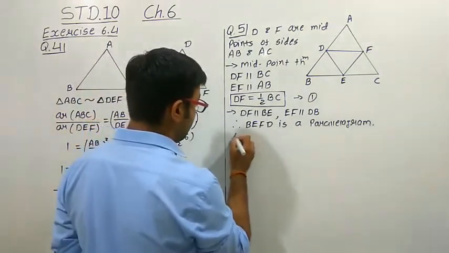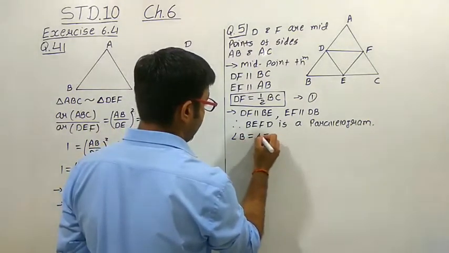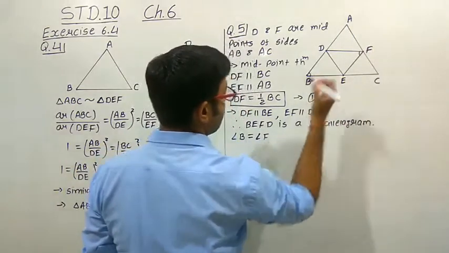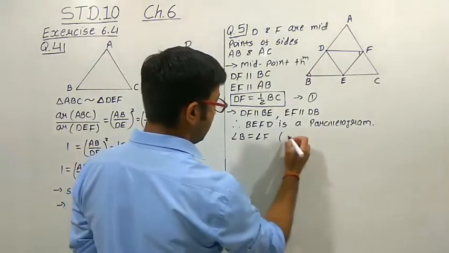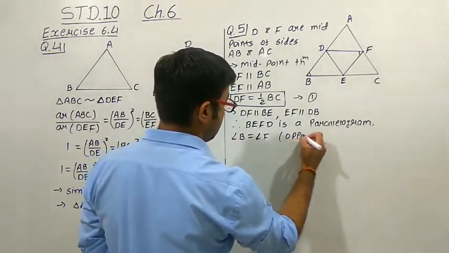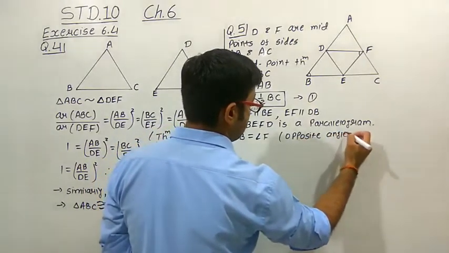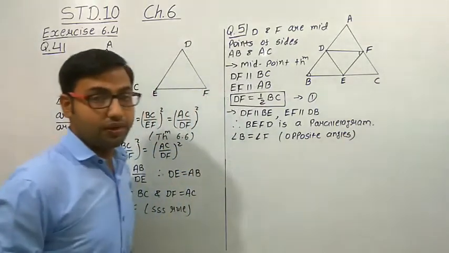So here we can write that angle B will become equal to angle F, right? This angle and this angle will become equal, because opposite angles of a parallelogram are equal.